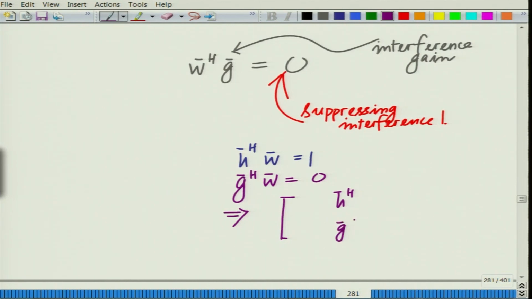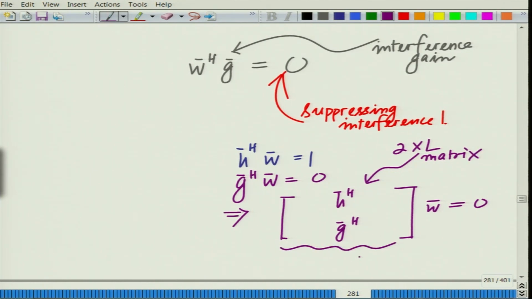and g bar Hermitian times W bar equal to 0, and this is basically a 2 cross L matrix. Let us call this matrix C Hermitian.